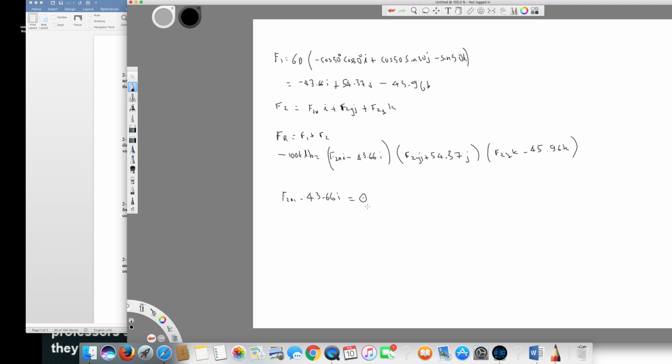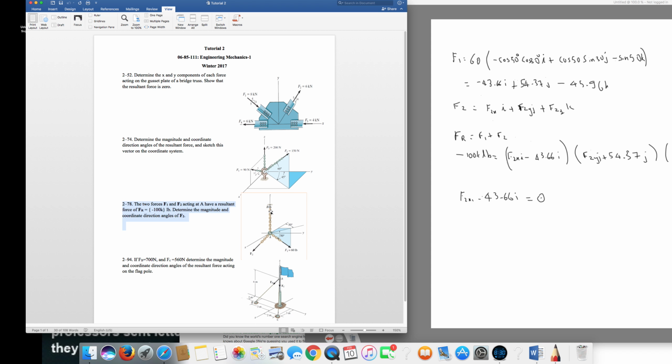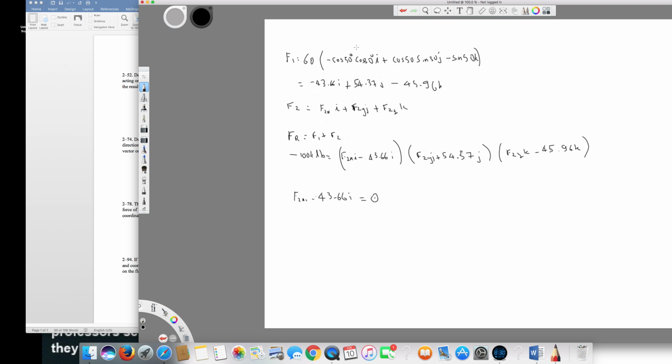The imagination is simple: if you're pulling from both directions, F2 and F1, you are pulling it down, not in the X or Y axis. So it's going to be in the Z direction. Therefore whatever the value in the X or Y component should be 0. That's why I got it right here.